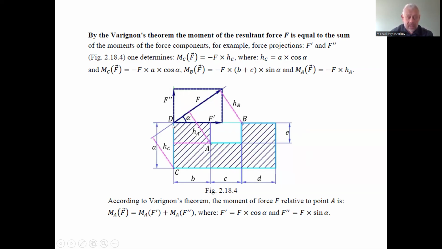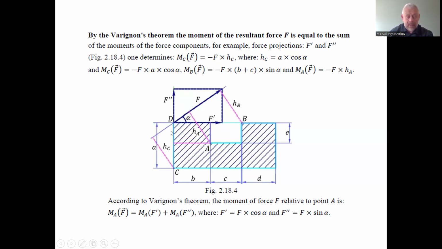Sometimes it's easier to find the arms for the rotation moment of the components of the force, which are the projections of the force on the coordinate axes, like in this particular example.